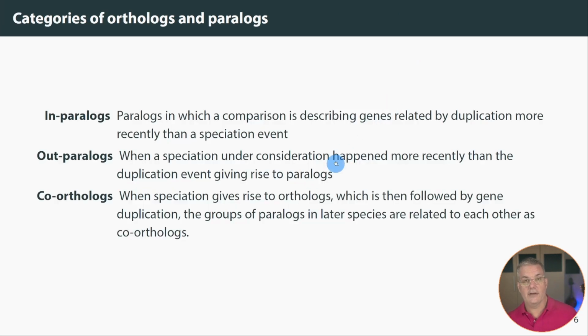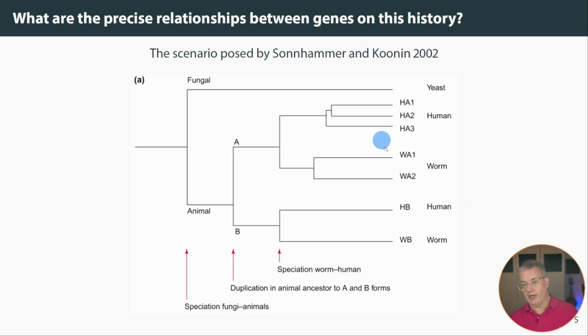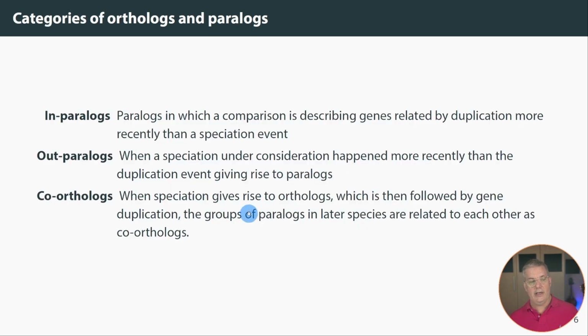So this is the distinction that Sonhammer and Kunin make. They make a distinction between in-paralogs, which are this kind of event, more recent than a speciation at issue, and out-paralogs, which is this kind of event, that say the event that led to the A and B lineages, those are out-paralogs with respect to this speciation event, and co-orthologs. So once we see in-paralogs, we also see co-orthologs.